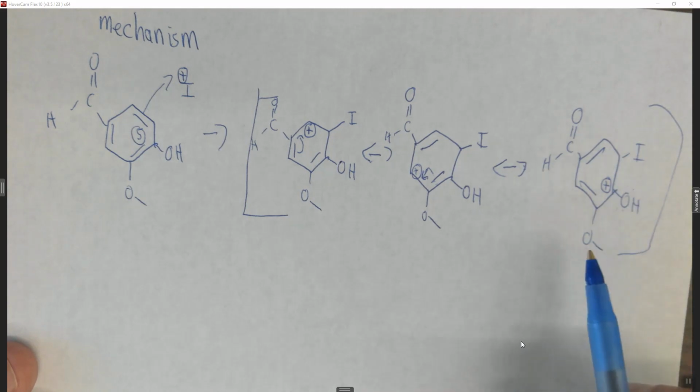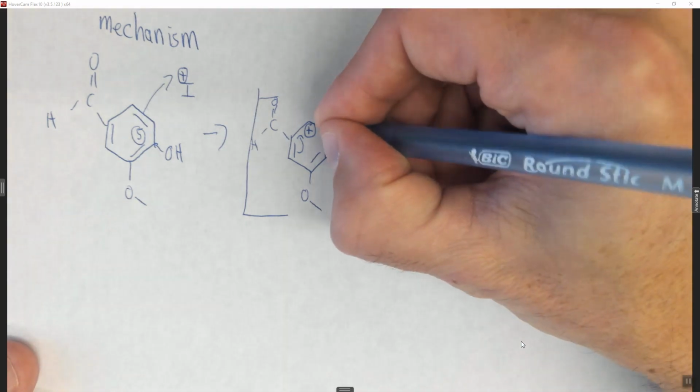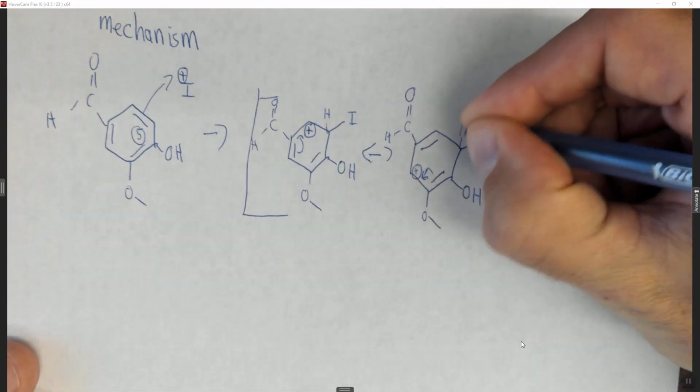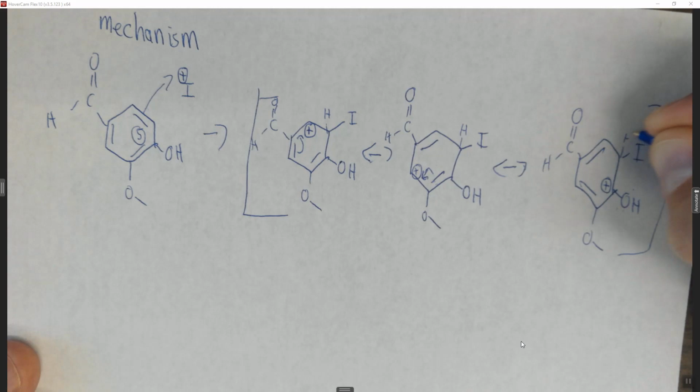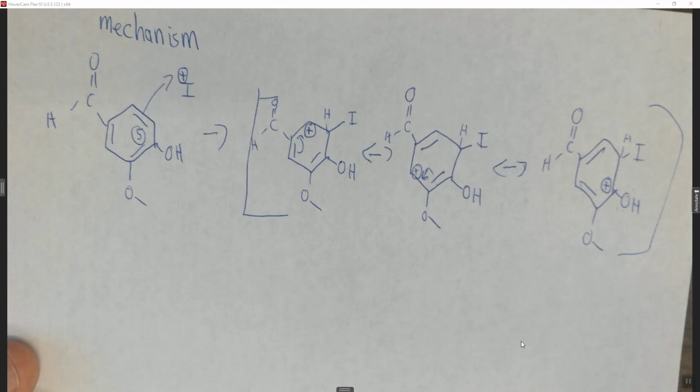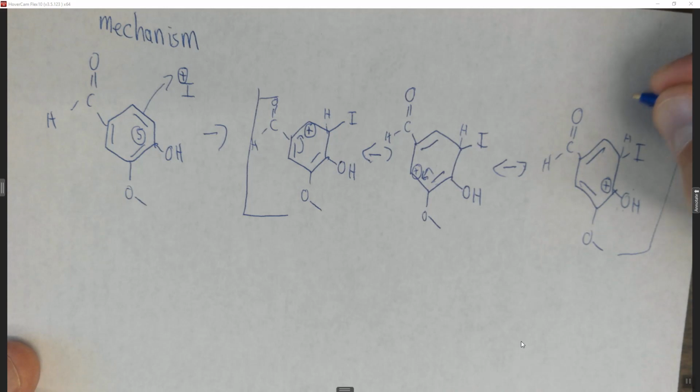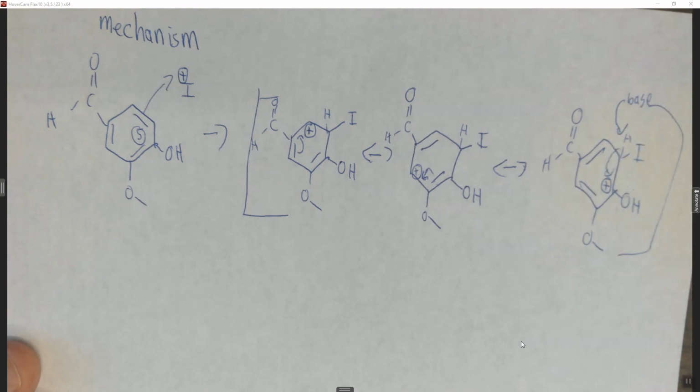Now, it doesn't really matter which one of these things that we draw, but I haven't drawn it yet. There's a hydrogen in here in all cases. So what's going to happen? Some kind of base, water, whatever, is going to come along and grab this hydrogen, so that this hydrogen is going to leave and these electron pairs go in there.